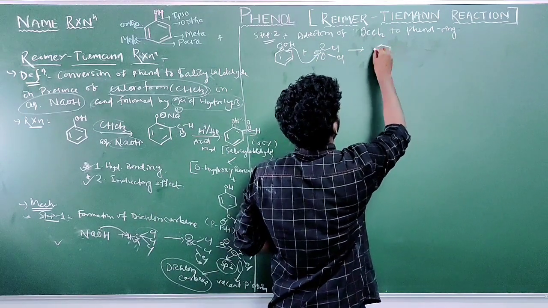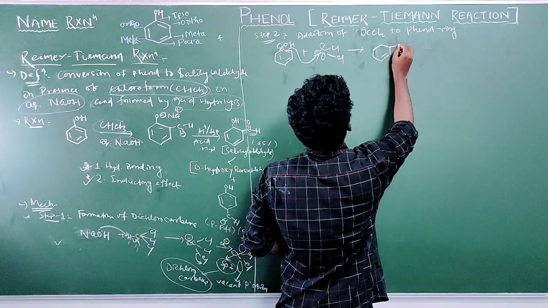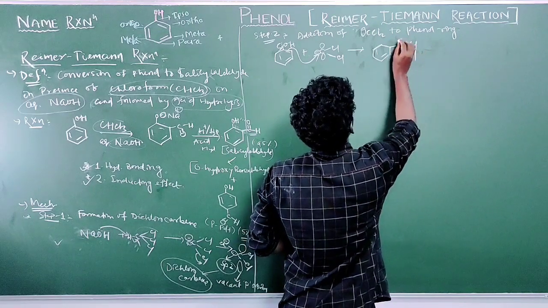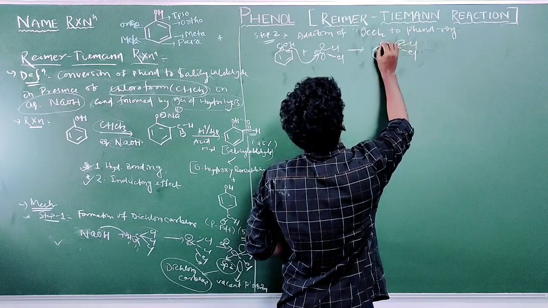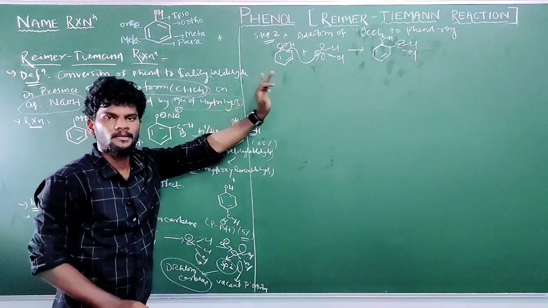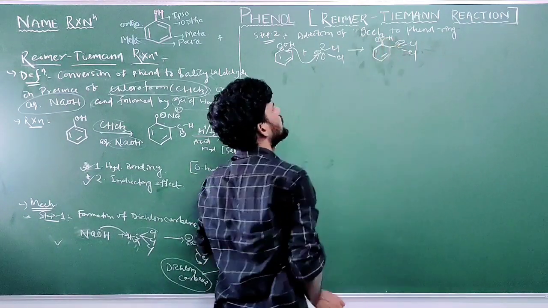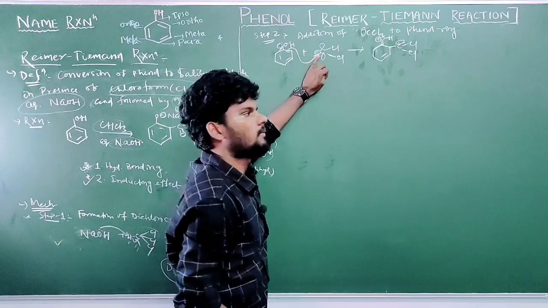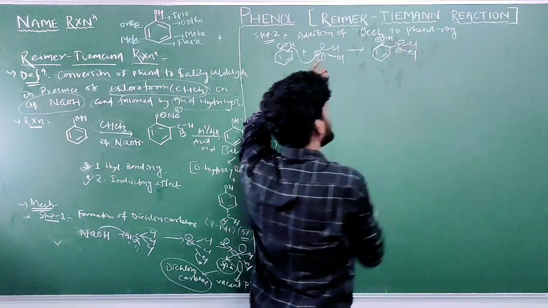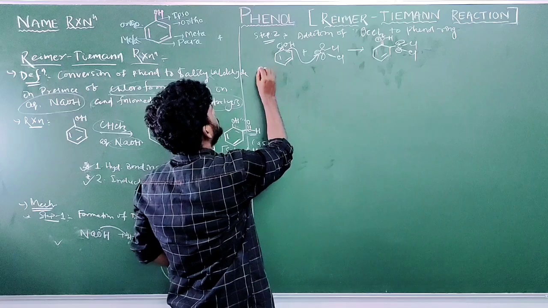It will form CCl, and a lone pair over this carbon, and here a double bond to OH. As oxygen donates its electron pair, there is a positive charge near that oxygen. This bond gives electrons to carbon, so there is also a negative charge over this carbon atom, one lone pair of electrons and one negative charge formed.